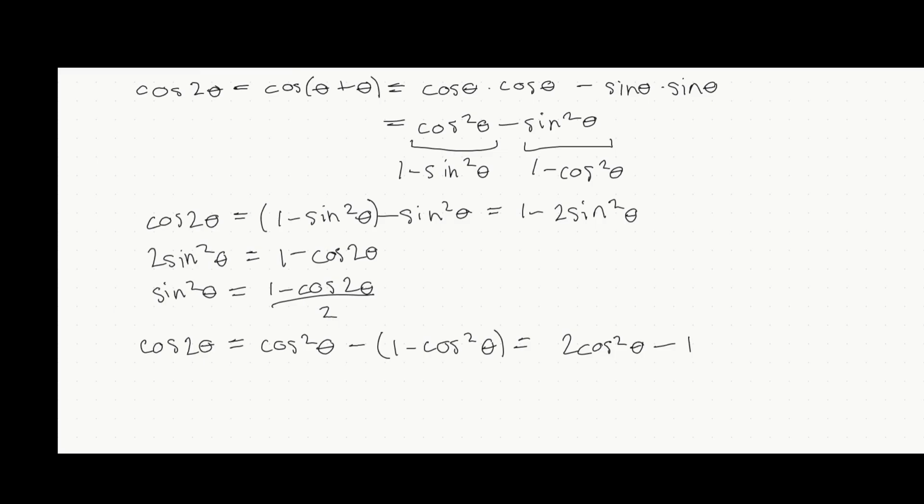And so solving for cosine squared theta, we have 2 cosine squared theta equals 1 plus cosine 2 theta. And so cosine squared theta is 1 plus cosine 2 theta all over 2.